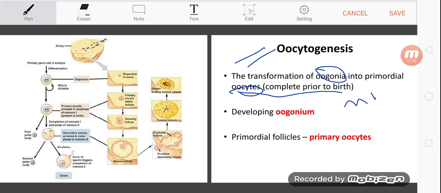So basically, it increases the number of the gamete cells or germ cells, from oogonia becoming multiple primordial oocytes, primary oocytes, developing the oogonium.